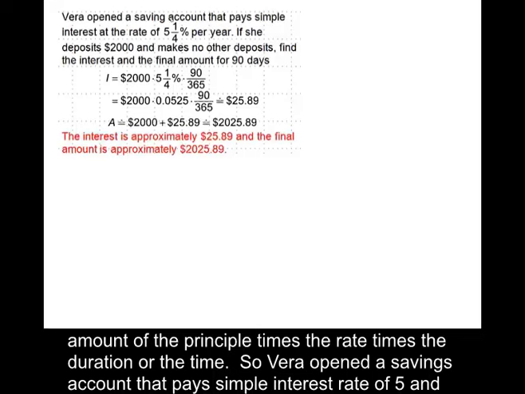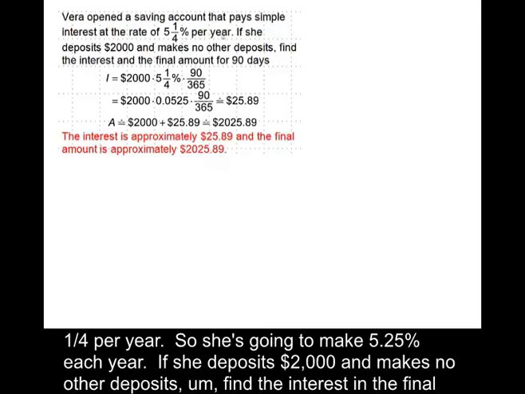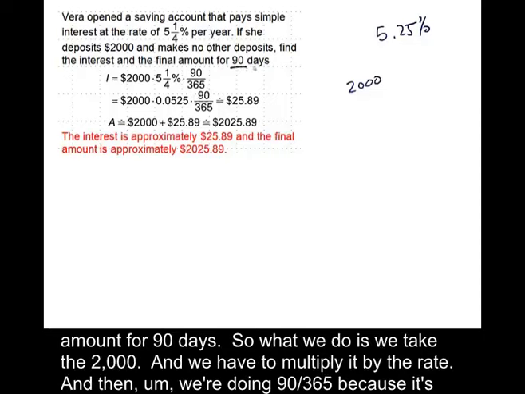Vera opened a savings account that pays a simple interest rate of 5 1/4% per year. So she's going to make 5.25% each year. If she deposits $2,000 and makes no other deposits, find the interest and the final amount for 90 days.